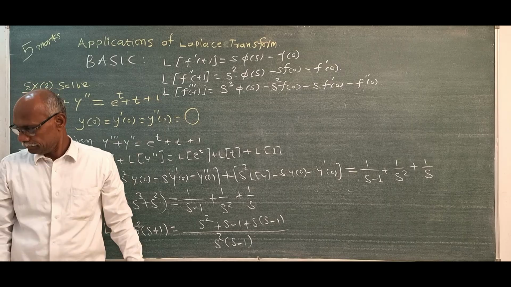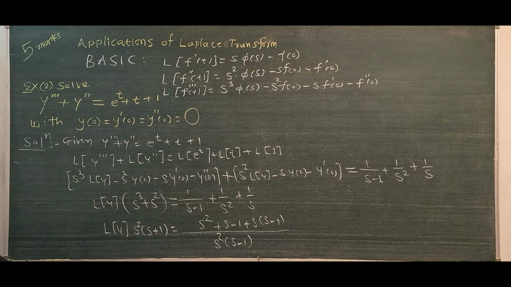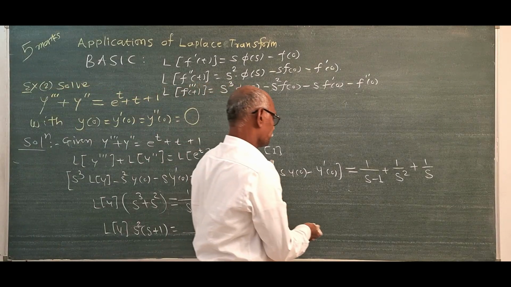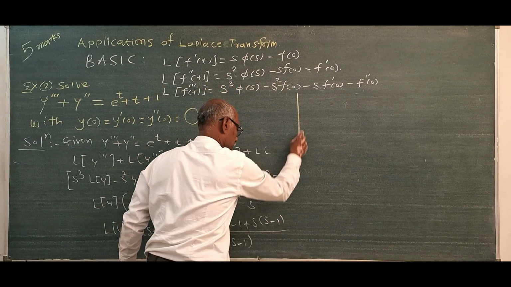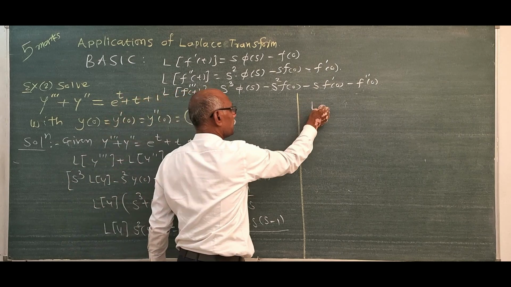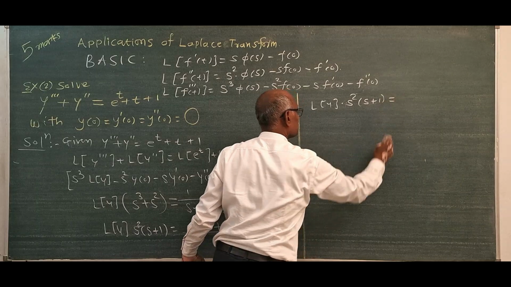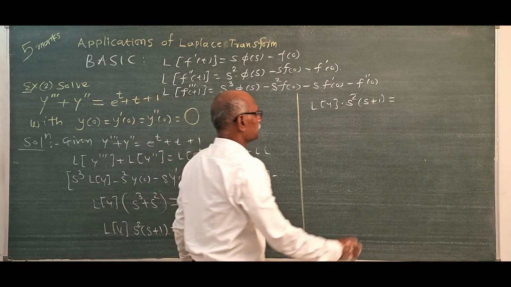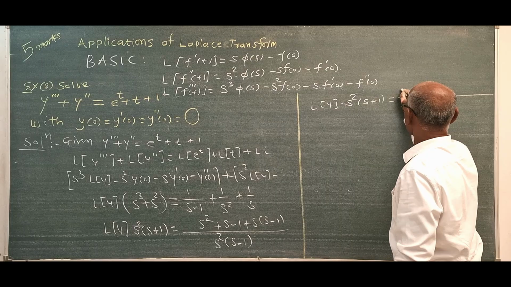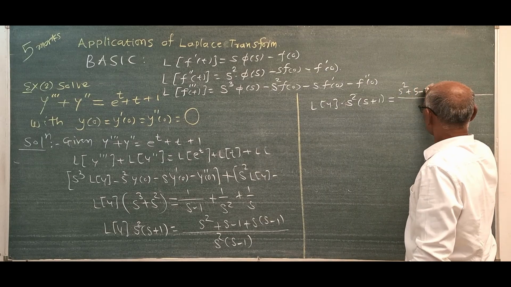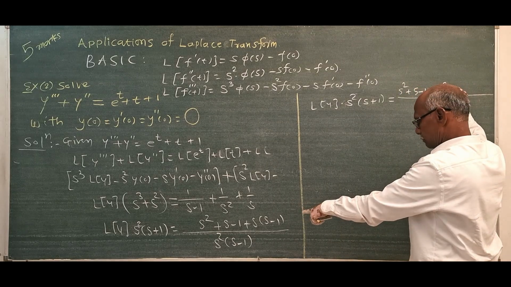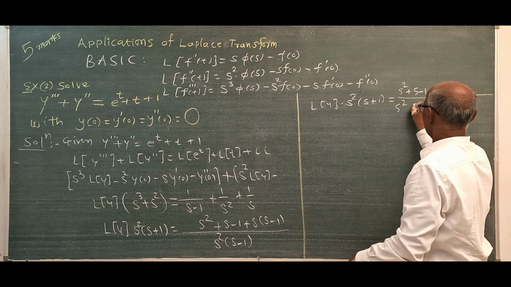Let me erase this and then proceed further. So you have 1 into s square into bracket s plus 1, which is equal. Now we can simplify this. s square plus s minus 1 plus s square minus s, divided by s square into s minus 1.